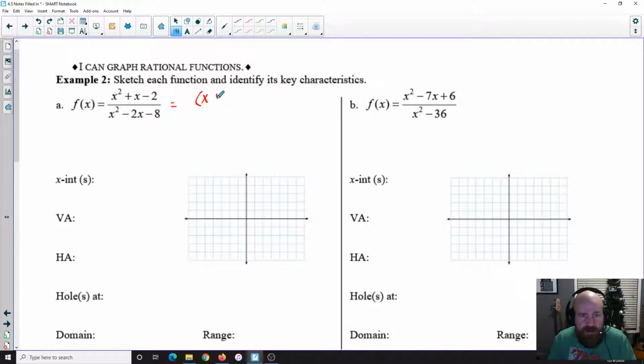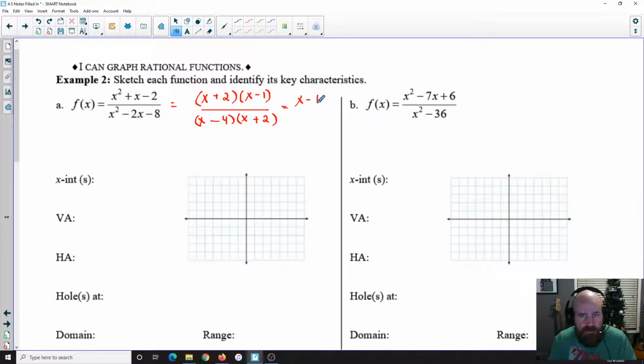So factor at the top, we have x +2, x -1. And the bottom, x -4, x +2. Okay. X plus 2's cancel.